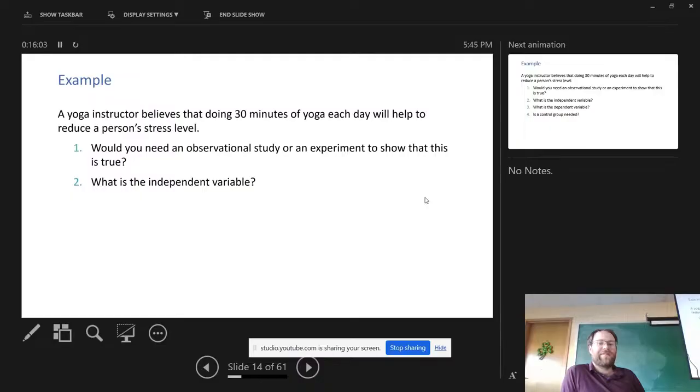The 30 minutes of yoga. Because that's something that the yoga instructor can implement and control the condition that they all have that amount of instruction. But what would that yoga instructor like to measure? The person's stress level. Yep.